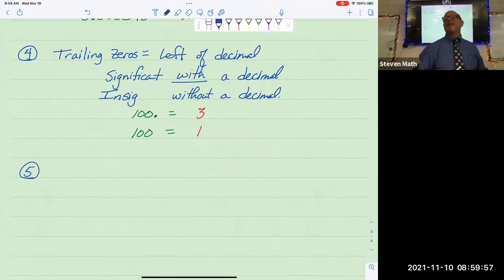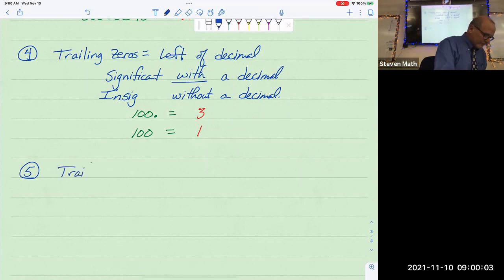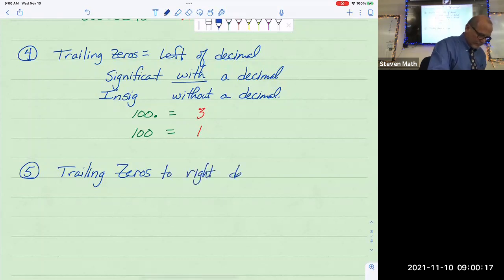Four doesn't come up very often. 5 comes up a lot. Trailing zeros to the right. These are big time significant.